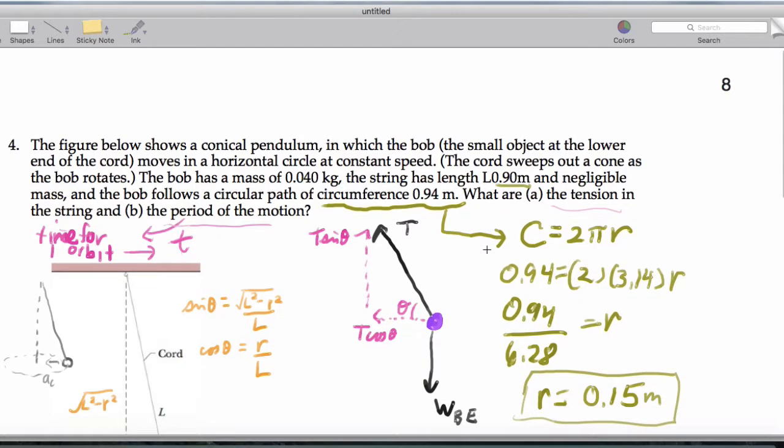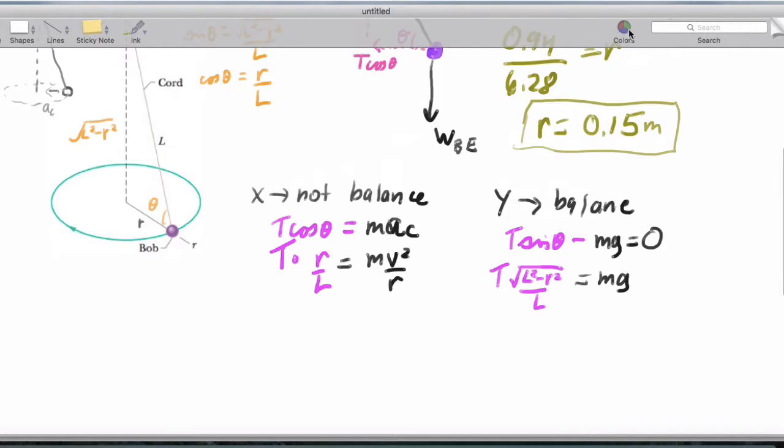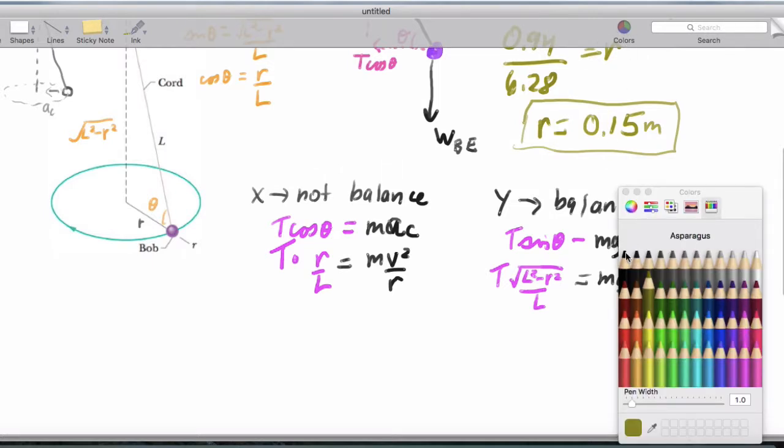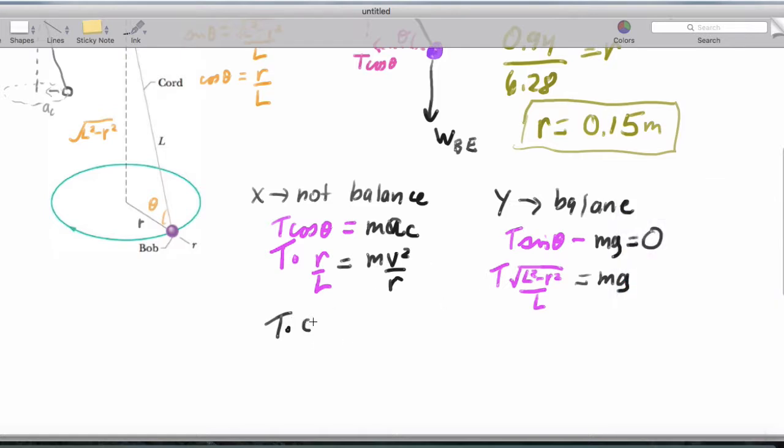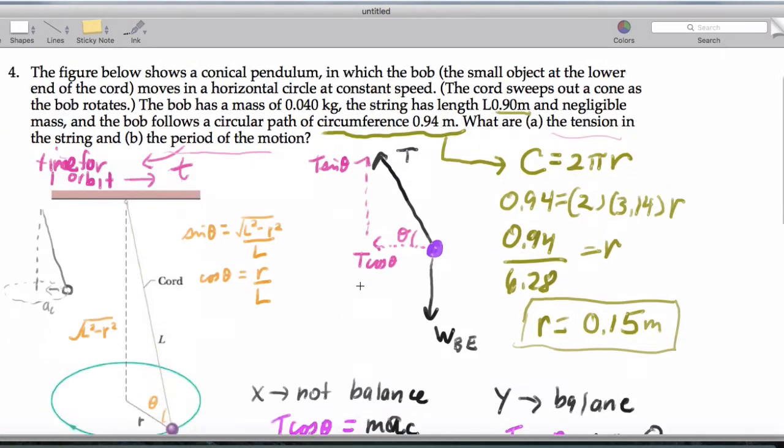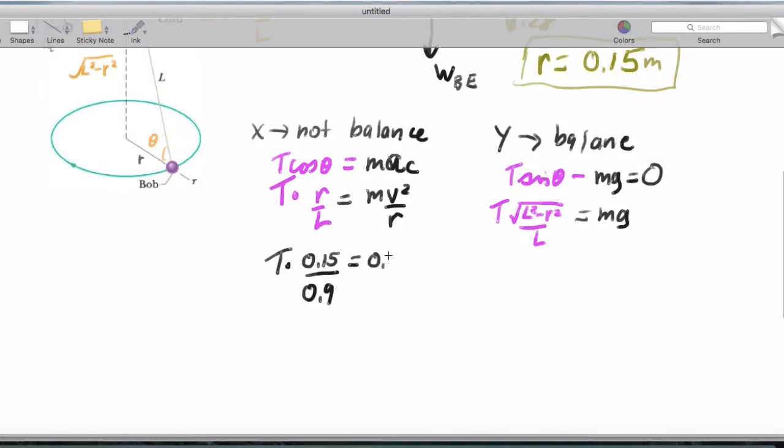Sweet. All right. So there we go. I have T times 0.15 divided by 0.9 equals, m is 0.04 times V squared divided by 0.15.